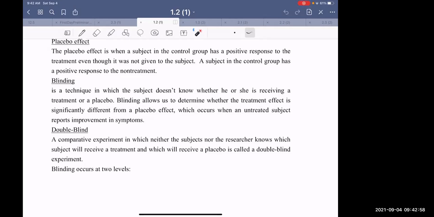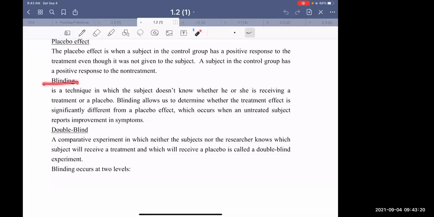One way of attempting to minimize some of the problems with these extraneous factors is a technique called blinding.